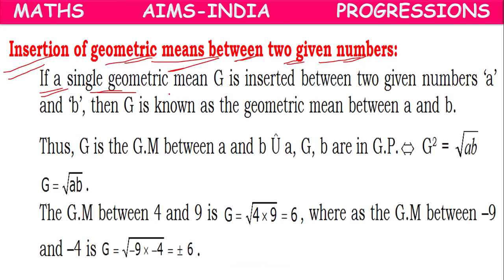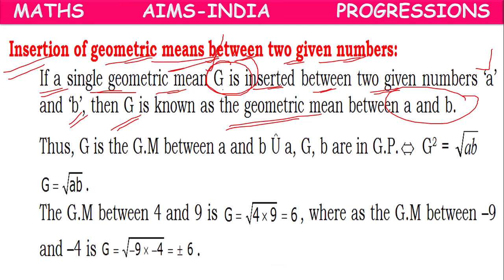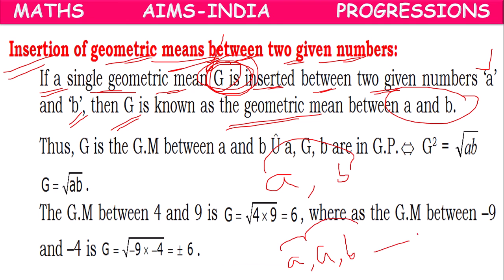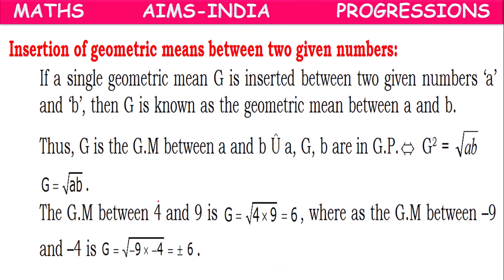If a single geometric mean G is inserted between two given numbers A and B, then G is known as the geometric mean of A and B. If we have two numbers A and B, and we insert G in the middle of A and B such that A, G, B will be in GP, then G is called the geometric mean of A and B.